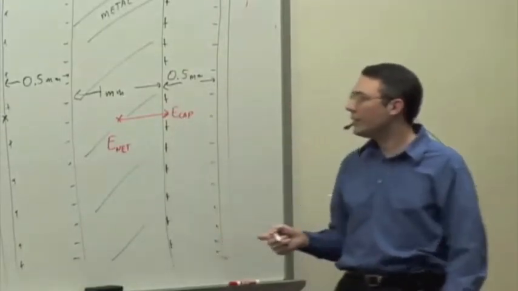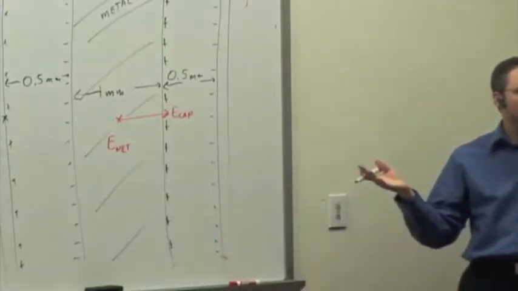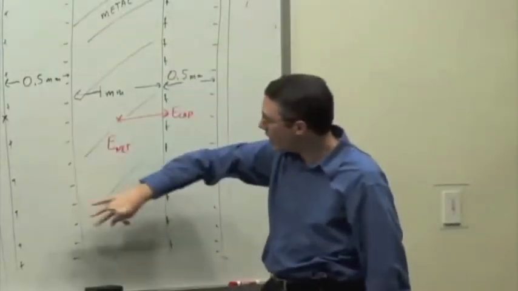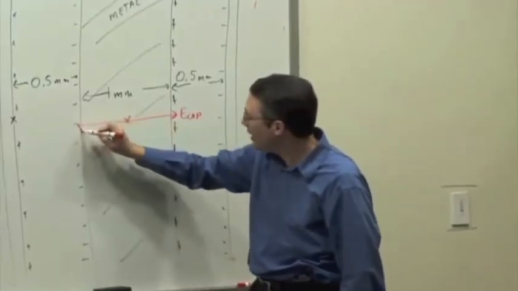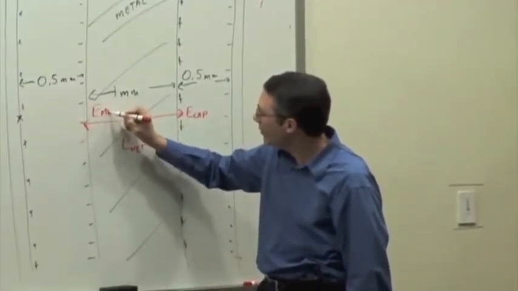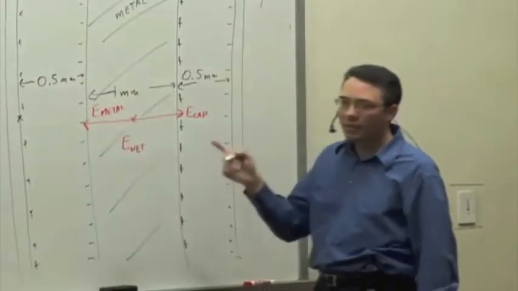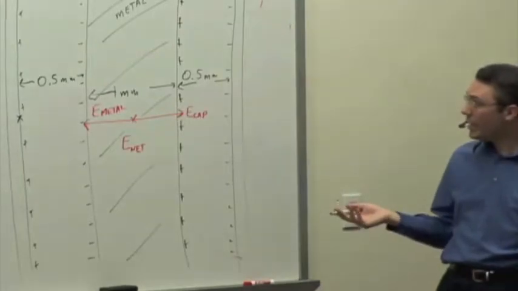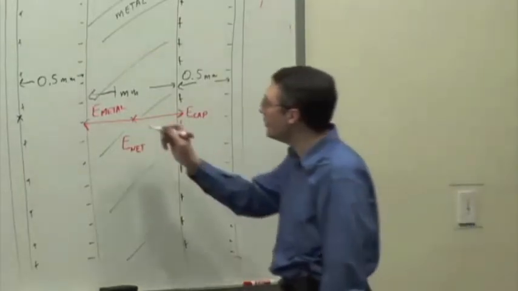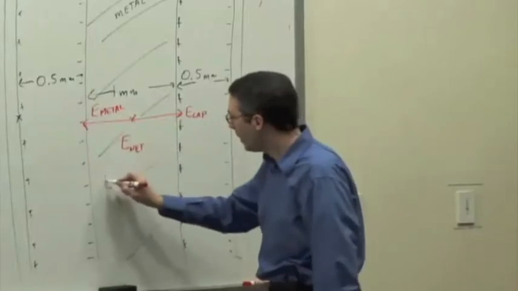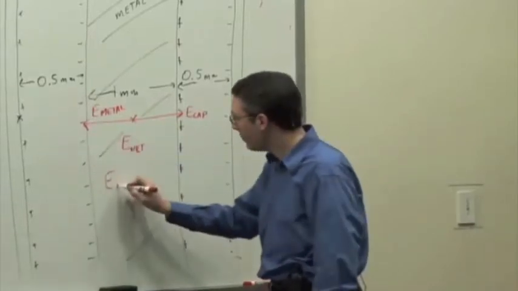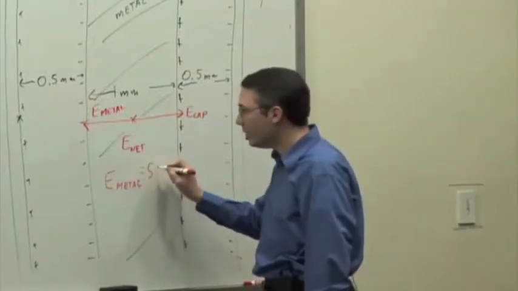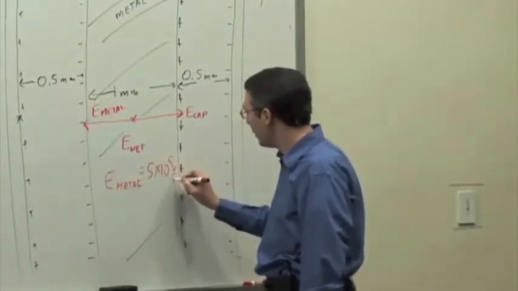So that means what? E of the induced charges, or the polarization charges, on the surface of the metal has got to point to the left. And what do we know about that E on the metal? That electric field has got to be the same as the E of the capacitor. So the electric field of the metal is going to be what we just worked out. The magnitude of it is going to be 5 times 10 to the 5th volts per meter.